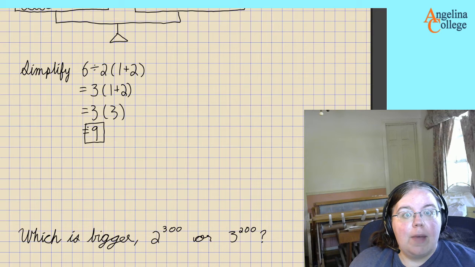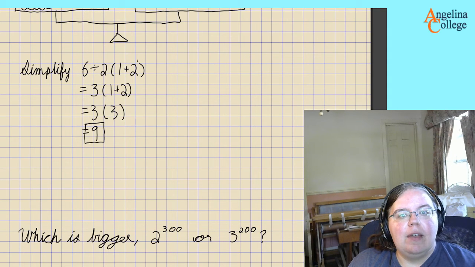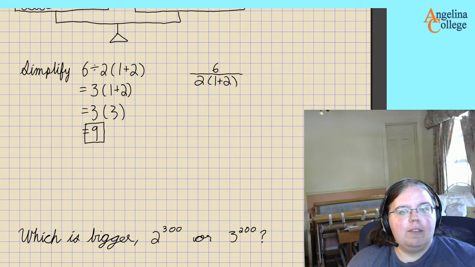But the way you read the problem can matter, and if you happen to know that the person meant this other thing, it's polite to them to read the problem how they meant it. What some people will do is they'll write this when what they really mean is 6 over 2 times 1 plus 2, which is a completely different expression.